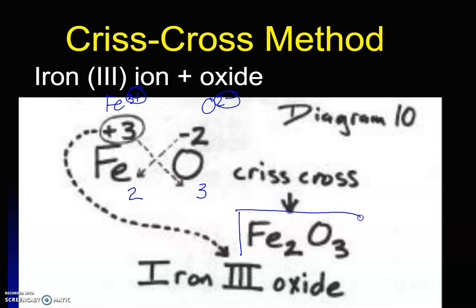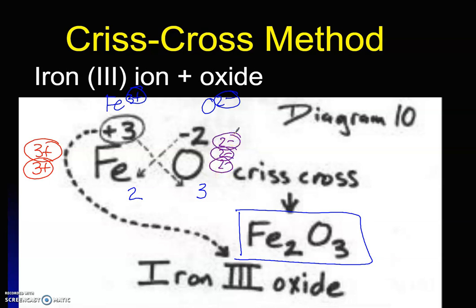So then I get a neutral compound, Fe2O3. What you're essentially saying is I am going to need 2 3+'s to cancel out 3 2-'s. Okay? Because look what happens.